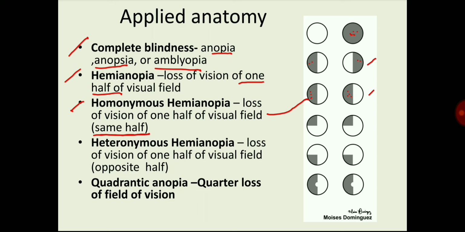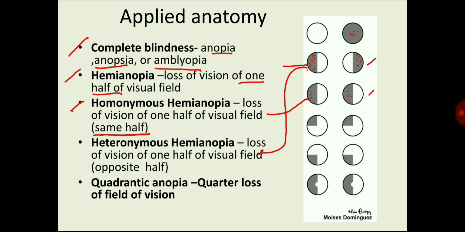While in this upper image, the right half of the right eye and the left half of the left eye is affected, so it is the opposite half. Here it is known as heteronymous hemianopia, that is loss of vision of the opposite half of visual field.